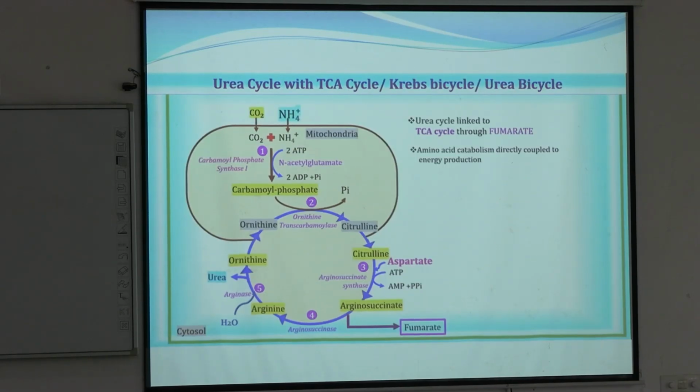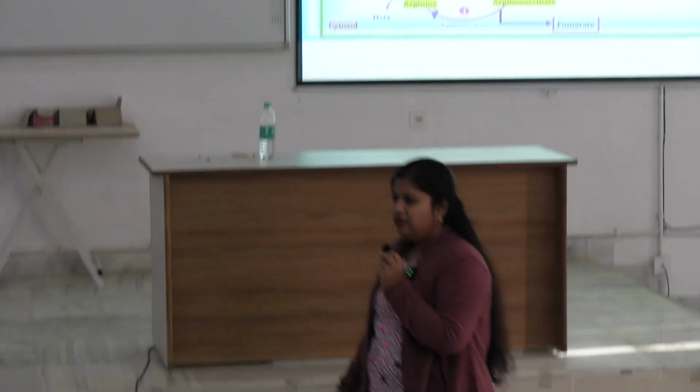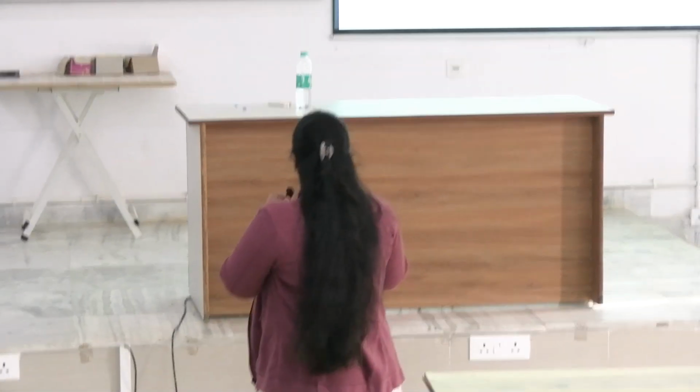Now coming to the significance or importance of the urea cycle. One is the production of urea. Another thing is the fumarate that was produced as a byproduct of the urea cycle; that will be incorporated into the TCA cycle or citric acid cycle. Clear? How?